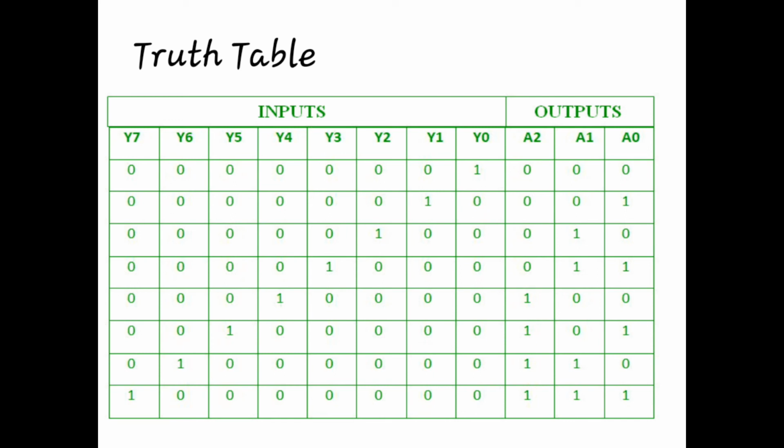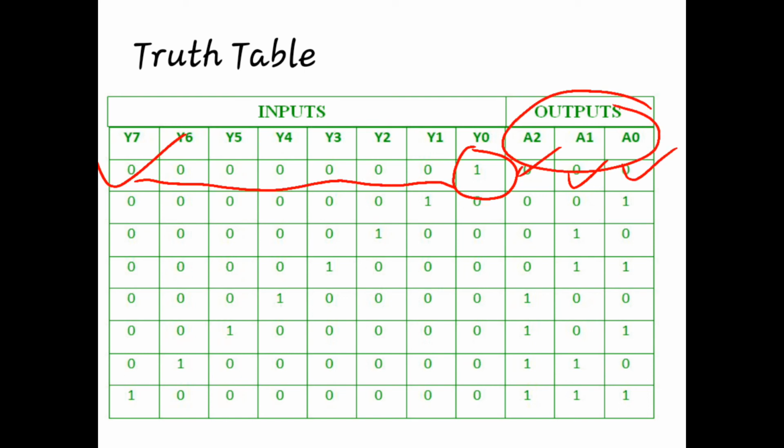In the very first row, we are keeping the Y0 line active and the rest of the lines are disabled, which results in the code 0, 0, 0 over the output lines A0, A1 and A2.